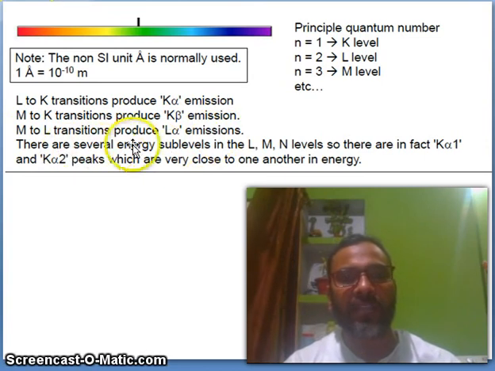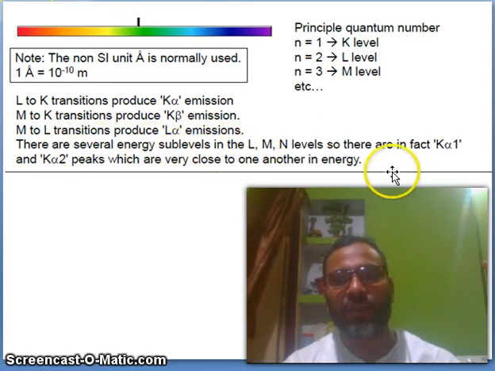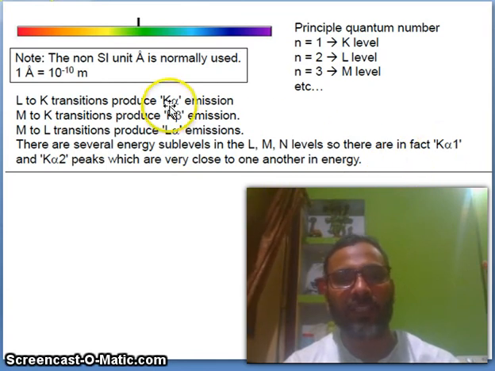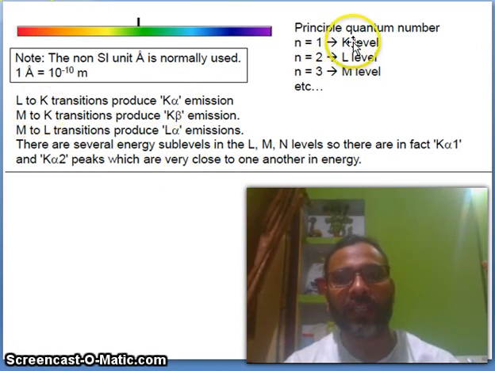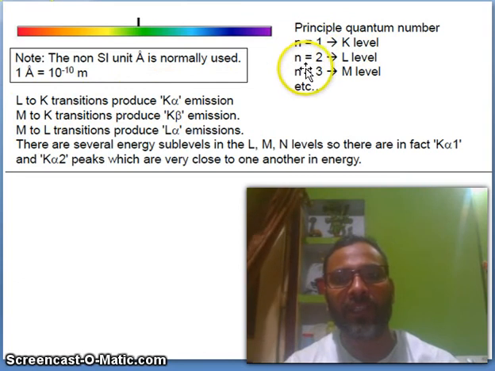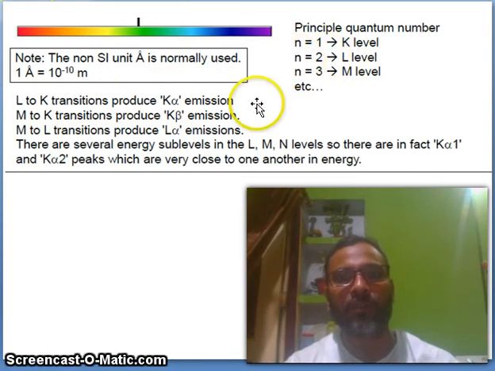So there are several energy levels in the L, M, N levels. In fact there are K alpha 1 and K alpha 2 peaks, which are very close to one another in energy. You see what is the K alpha? L to K. K is level n is equal to 1, L is n is equal to 2.